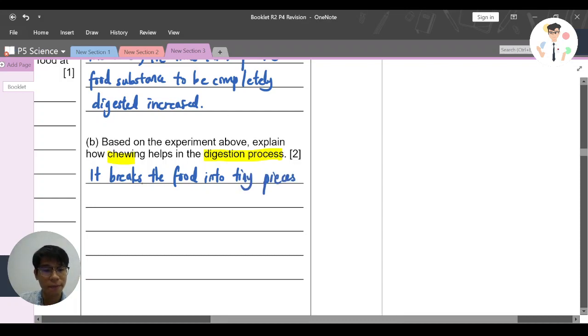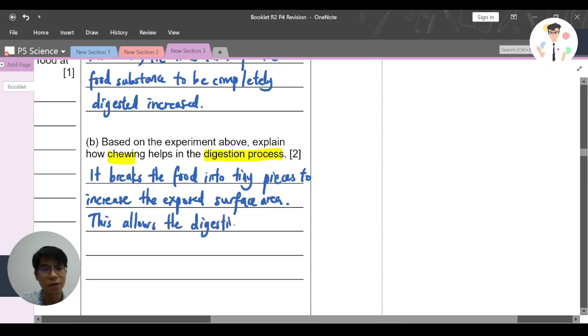Chewing breaks the food into tiny pieces, and this increases the exposed surface area. Again, this was important: exposed surface area. And what happens? This allows, again, we have our saliva, right? And saliva is the digestive juice.